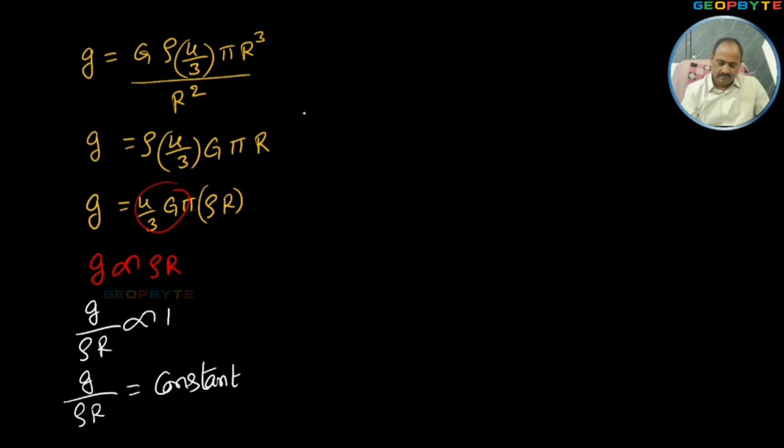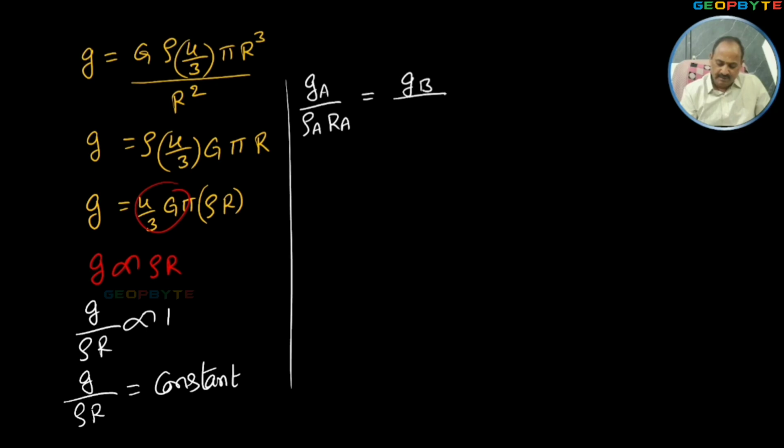So from that, I can write that GA by rho A RA equals GB by rho B RB. So GA by GB equals rho A RA by rho B RB.